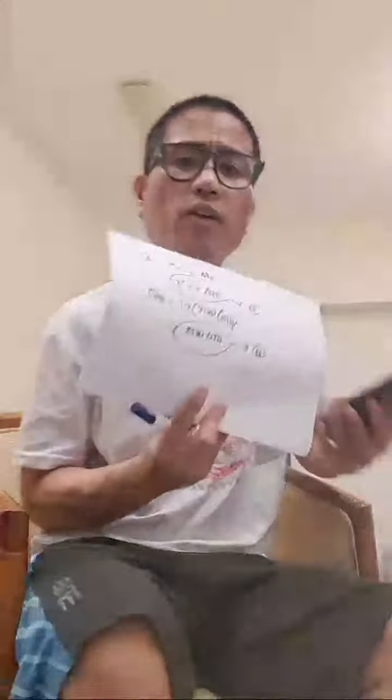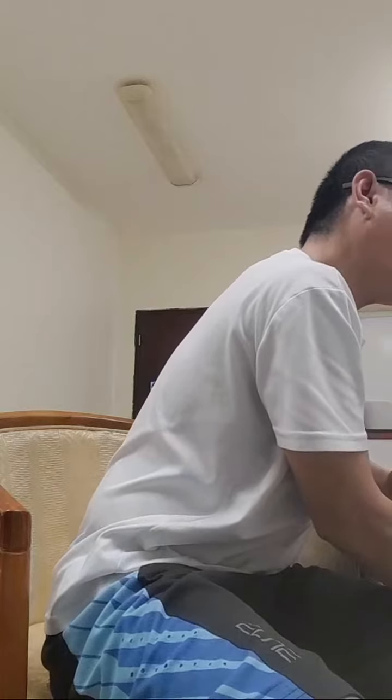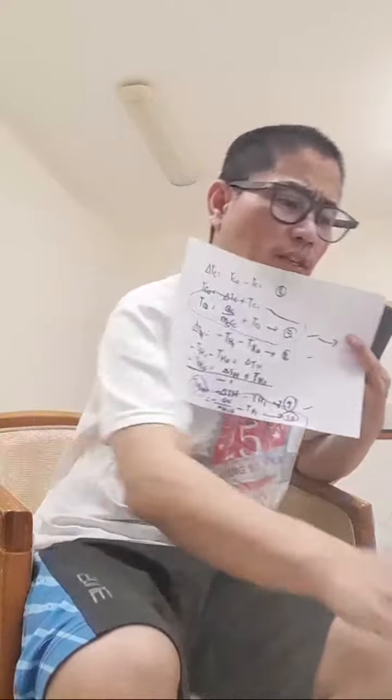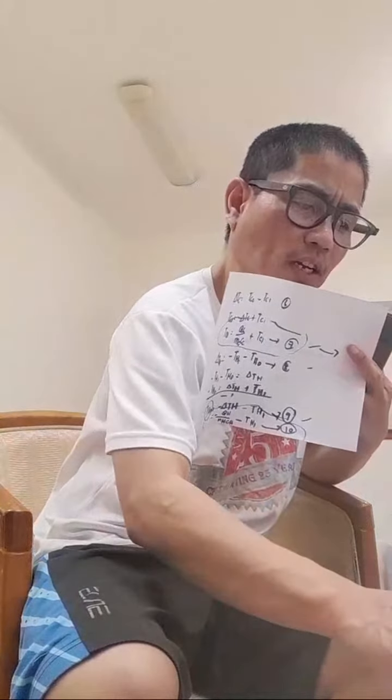And you can substitute already by having this equation. Don't be afraid, guys, of the subscript. You substitute this equation in 7 and 10. So in 7 and 10, you will substitute equation number 11 and equation number 12.